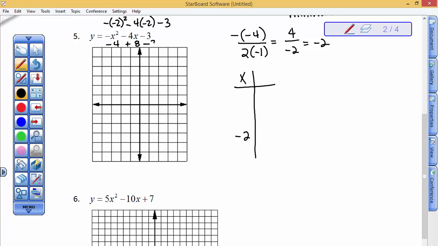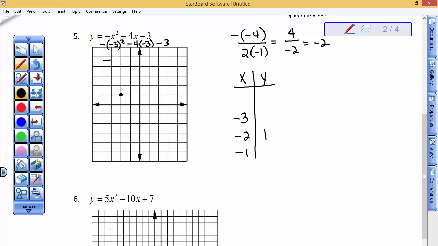So the vertex for this problem is to the left 2 and up 1. The two numbers on either side of this negative 2 would be a negative 1 and a negative 3. It's a bit challenging to put these numbers in for x, but here we go. The first one, we'll use the negative 3 squared, minus 4 times a negative 3 minus 3. So negative 3 squared is 9, but I want the opposite of that, so that's a negative 9.